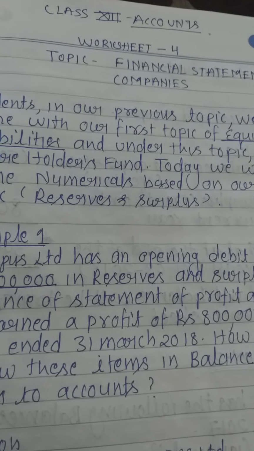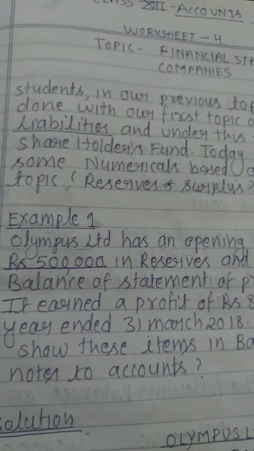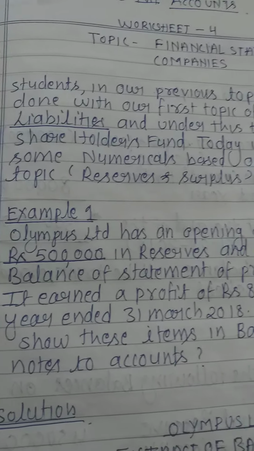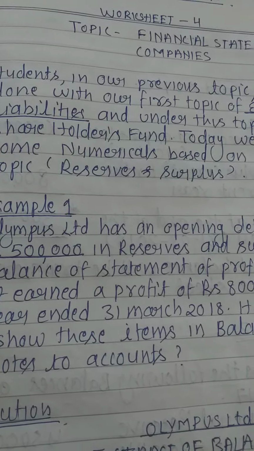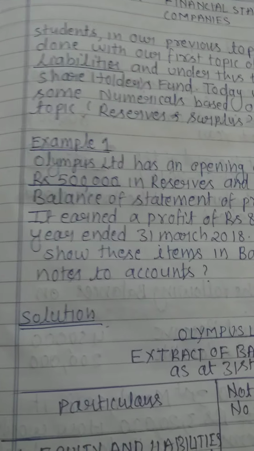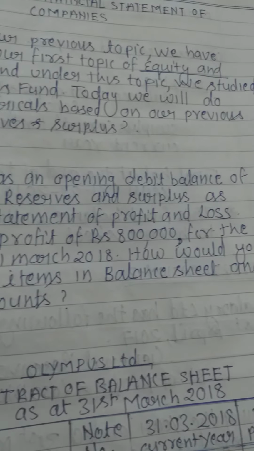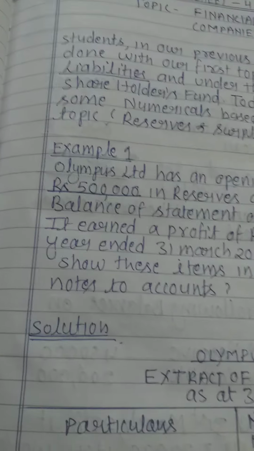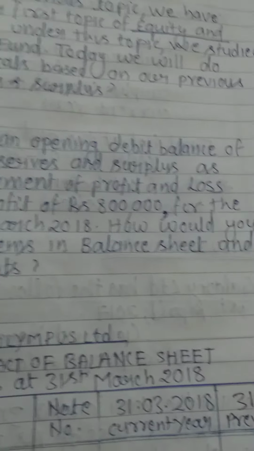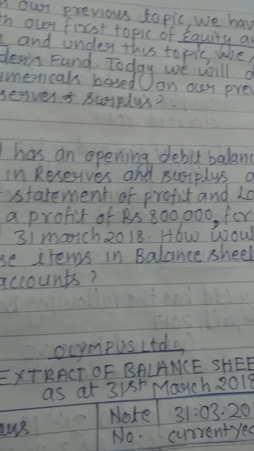and I have selected some numericals for you in order to give you some practical knowledge regarding the topic reserves and surplus. So let's start with our example 1. Olympus Limited has an opening debit balance of rupees 5 lakh in reserves and surplus as balance of a statement of profit and loss.